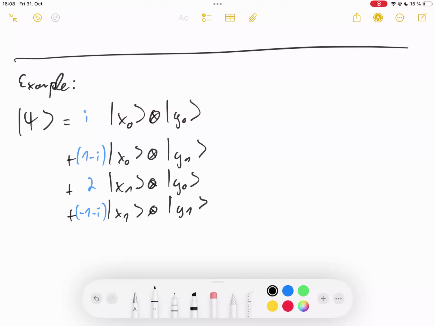Do you think this is normalized complex amplitudes? If you think it's normalized, maybe send a thumbs up. If you think it's not normalized, thumbs down. So maybe some more answers. Thumbs up means you think these amplitudes are normalized. Thumbs down means not normalized.